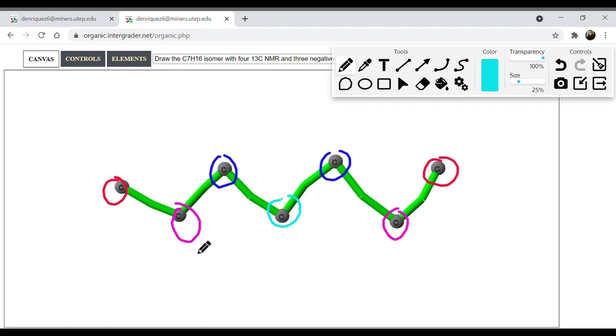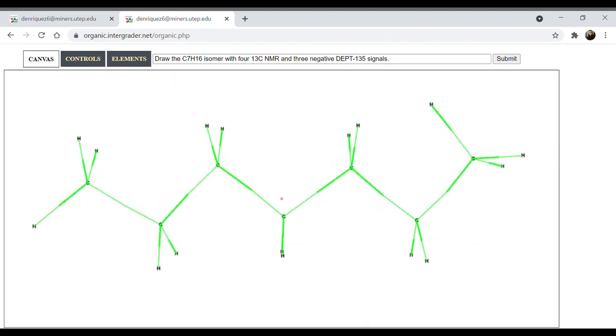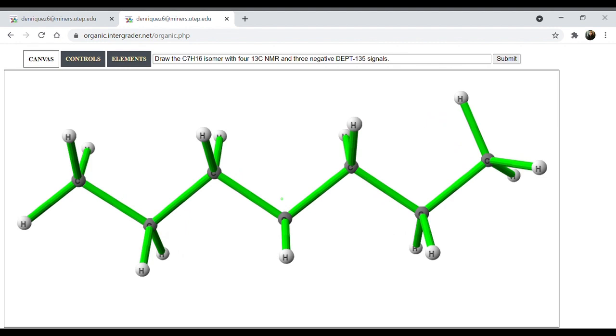So that means I have 1 methylene total for these both pink ones, 1 methylene total for these 2 blue ones, and 1 methylene total for this light blue one. So I have 3 negative because they're equivalent. So all I have to do is add my hydrogens. I had 4 carbon signals, so it should be good to go.